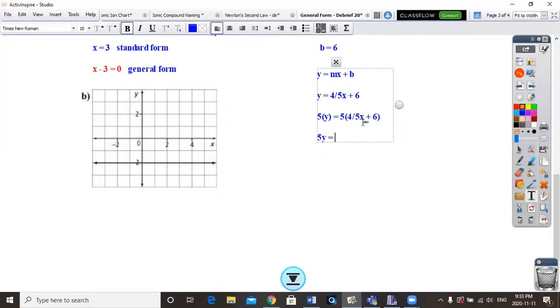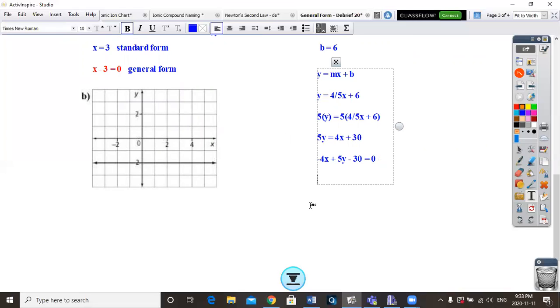So 5y equals, now the 5 will cancel here, and then it's 5 times 6, which is 30. So if the 5 cancels, it's 4x. So that equals 4x plus 30. And we subtract both to move to the left side. So minus 4x plus 5y minus 30 equals 0.